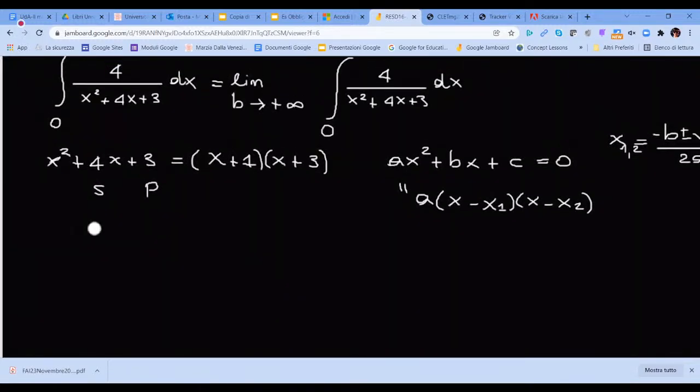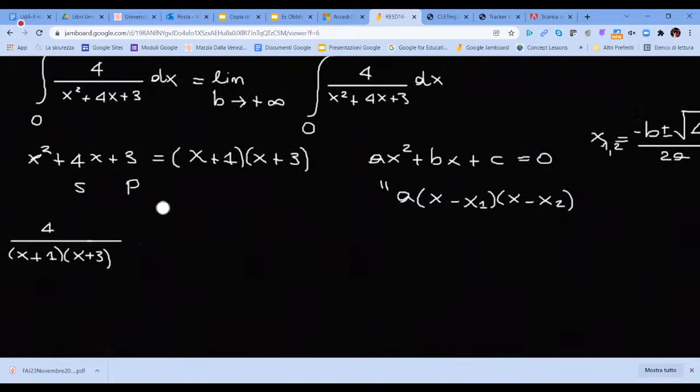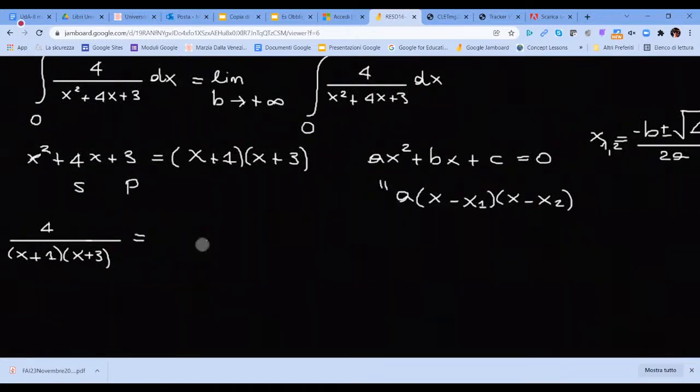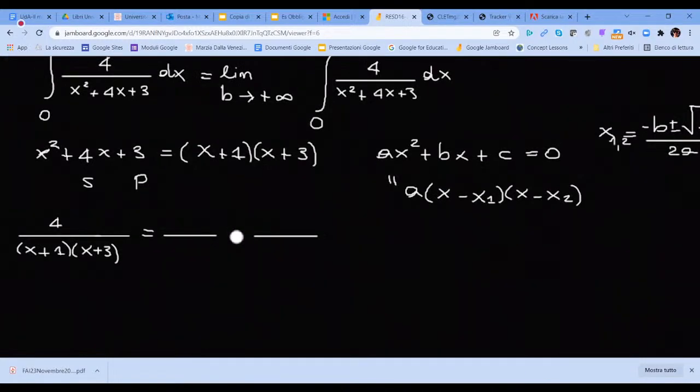So then we have, instead of this fraction with the polynomial, a fraction with two factors, x plus 1 times x plus 3. Our goal is to obtain a sum or a difference, something that we can evaluate, where one denominator is x plus 1 and the other is x plus 3.